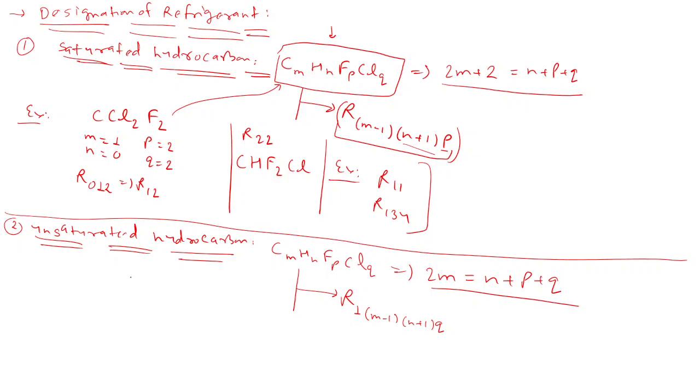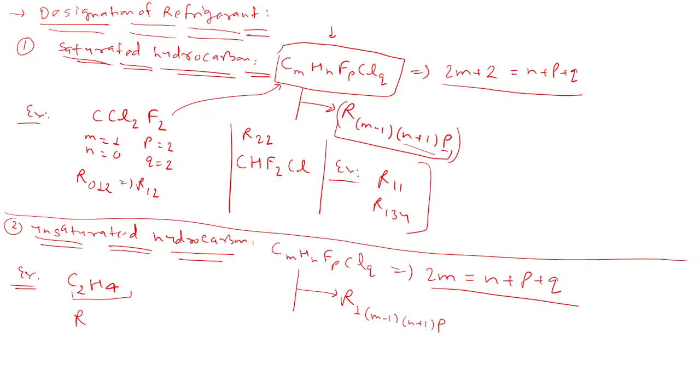Just one example will do. C2H4. Can you tell what is the name of this? It would be P. Both are the same, we just have to put one here for the unsaturated. So what would be the name in terms of R?